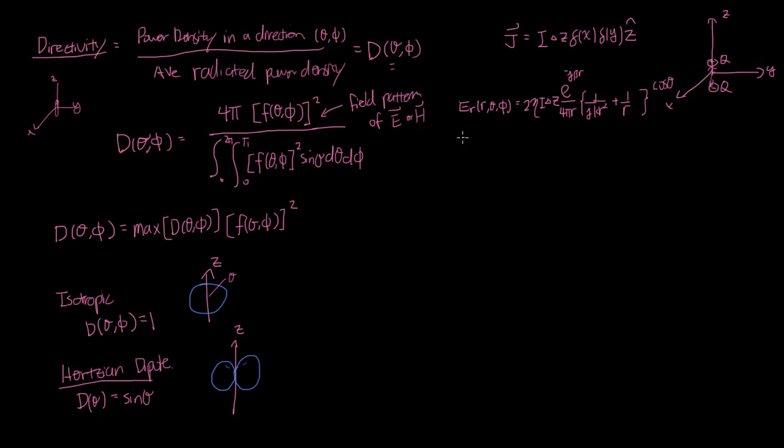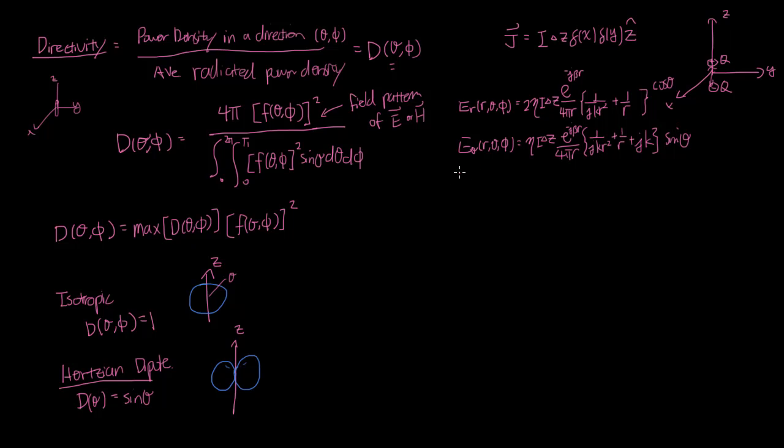Next up, the E field will also have a theta component, and that is going to end up being this. Now I'm just going to order this by the power of r. So you have 1 over jk r squared plus 1 over r plus jk, times sine theta.